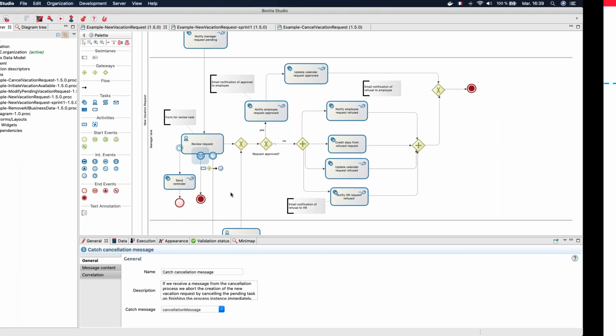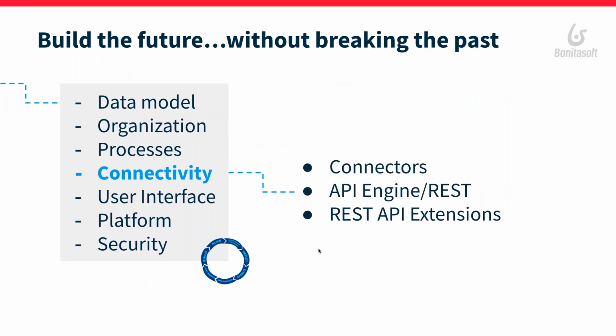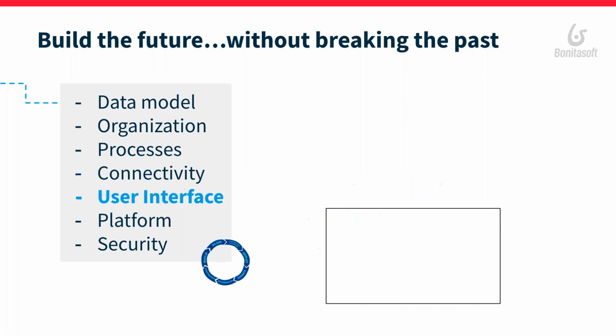And starting 7.9, we also can use a template of REST API extensions and also custom widgets to define your own widget or your own extension. So connectivity, really, it's open, and I don't really have a specific best practice to tell you about.